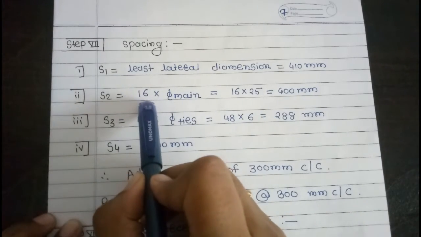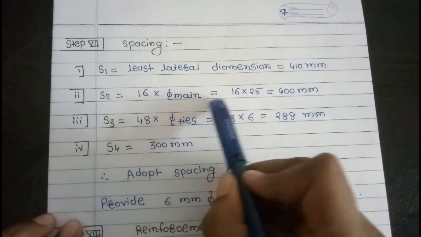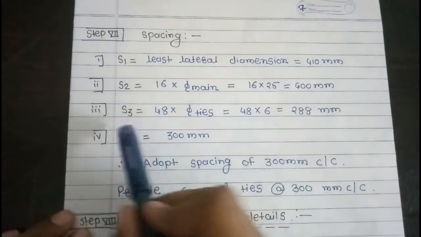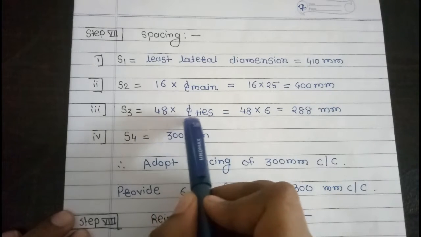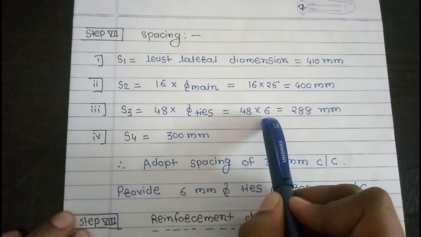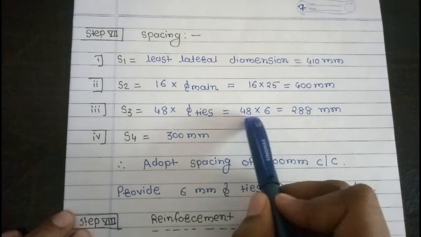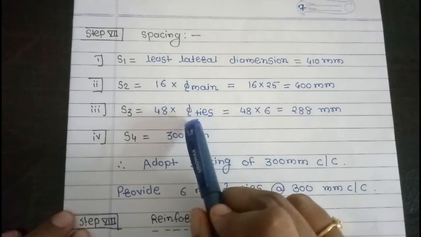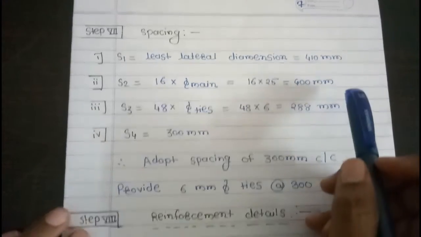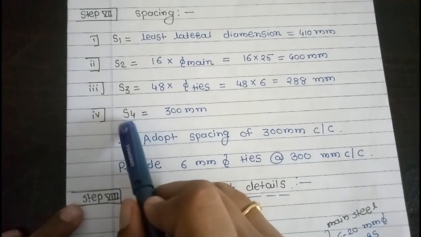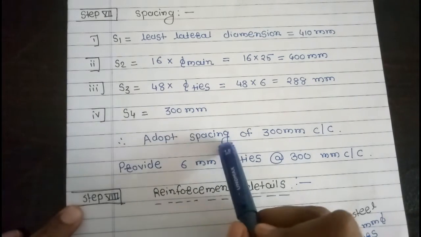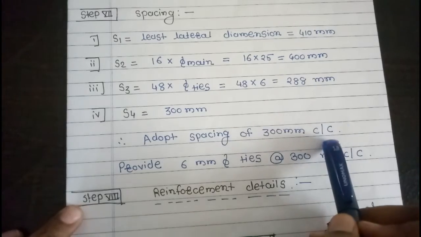So S2 is equal to 16 into 25, which is equal to 400 mm. Then S3 is equal to 48 into diameter of ties, 48 into 6, where phi ties is equal to 6, which is 288 mm. S4 is the spacing, equal to 300 mm. Adopt spacing of 300 mm center to center.